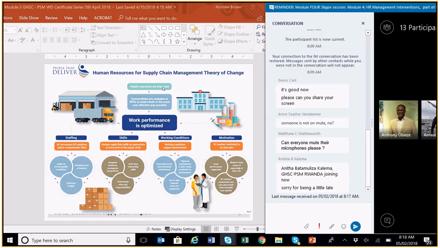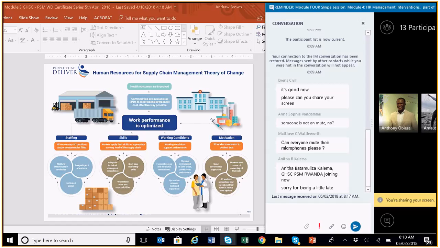And it's basically saying that if you want to optimize work performance, you need to have the right staffing, you need to have them with the right skills, you need to have the right working conditions, and you need to make sure your staff are motivated. And we call these 4 areas pathways. And we need to have these pathways active in a particular organization if we want to have good work performance. If we only have 1 or 2 of these happening, then we do not have optimized work performance.